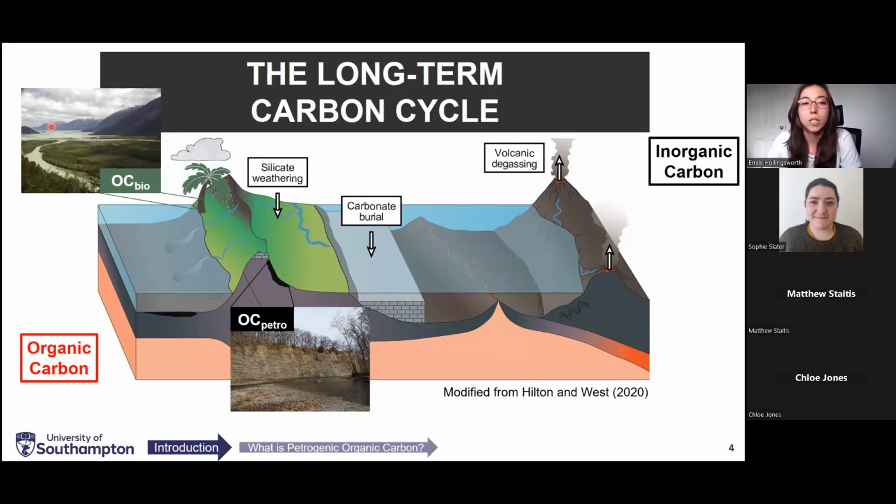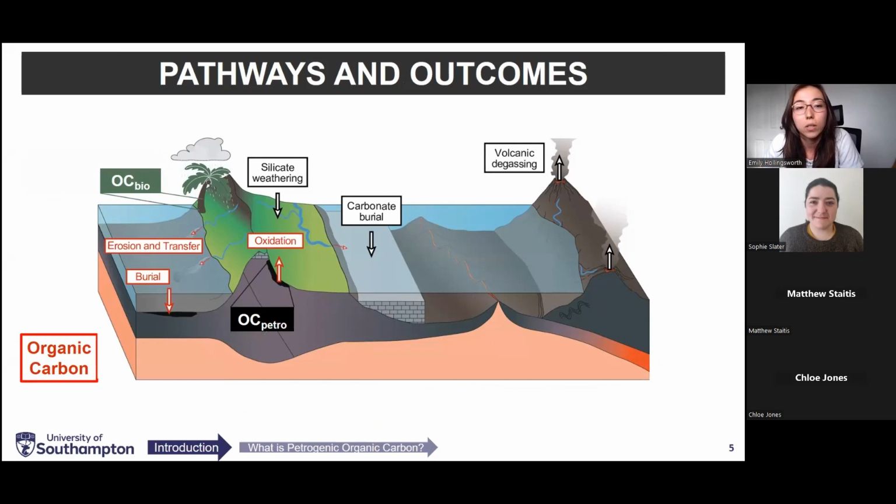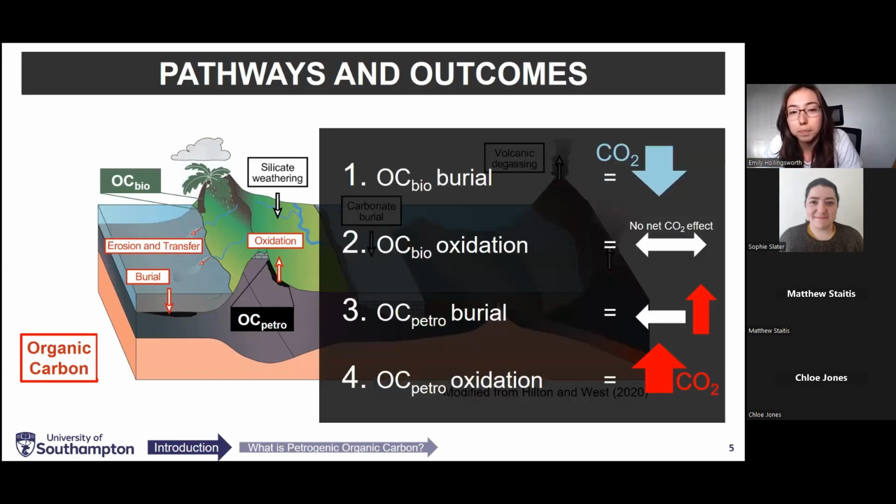And this distinction between the two sources is really important to make, because it depends on which of these stores of carbon end up getting eroded and transferred from land to the ocean, and also whether it's immediately buried or it's more slowly transferred, thereby more prone to be oxidized and adding CO2 into the atmosphere. So depending on all of these factors, you can have very different outcomes.